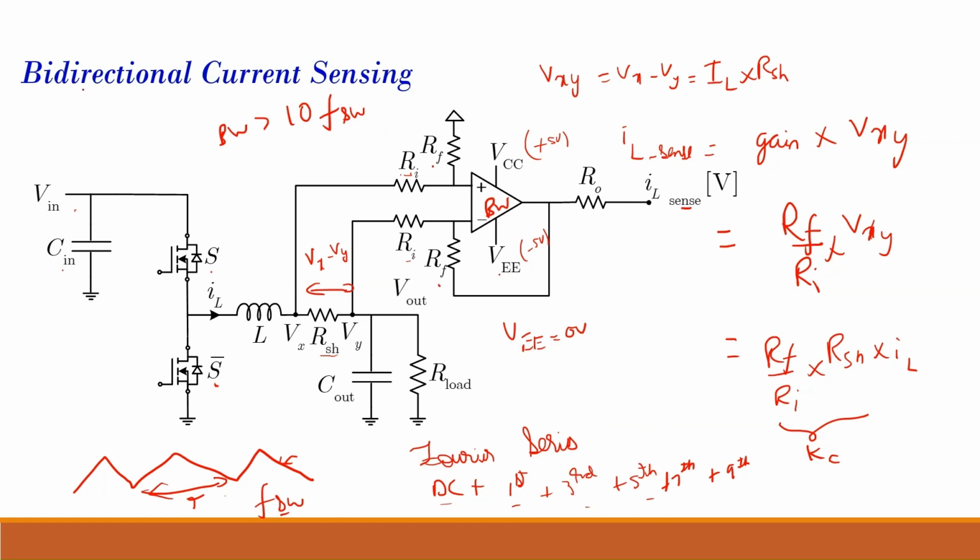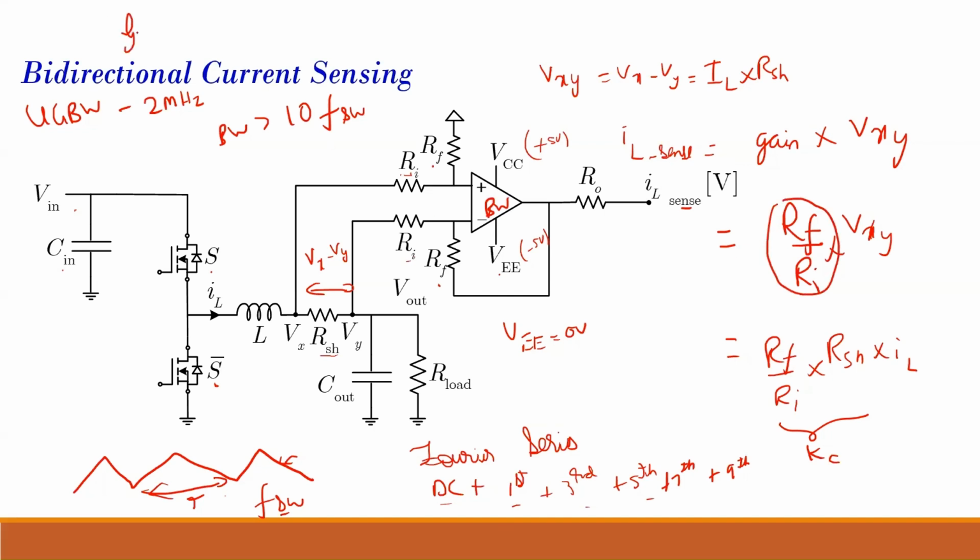Another important thing about your op-amp is the unity gain bandwidth, or gain bandwidth product. Suppose that is 2 megahertz. This is for unity gain, but now suppose your gain is determined by RF upon RL.